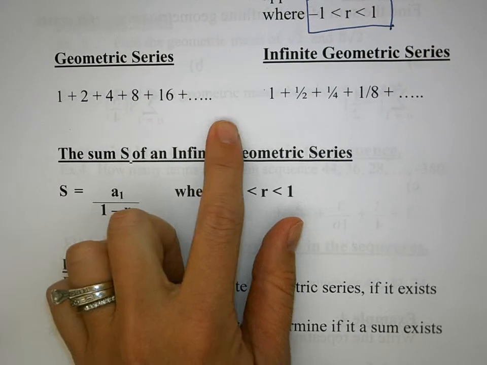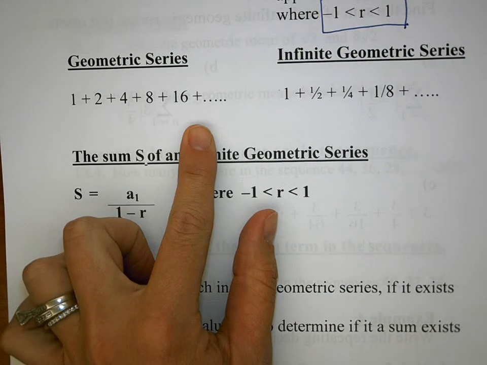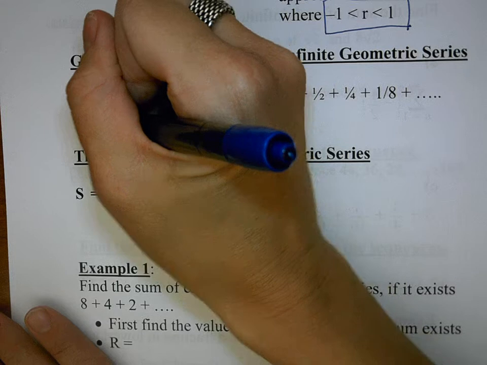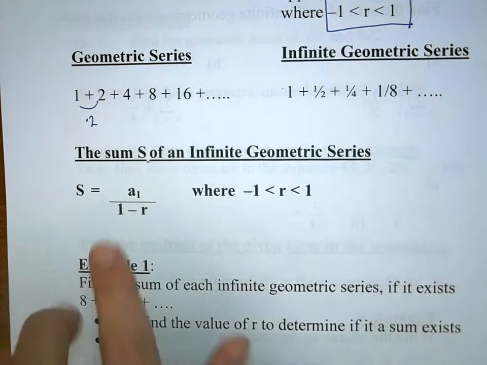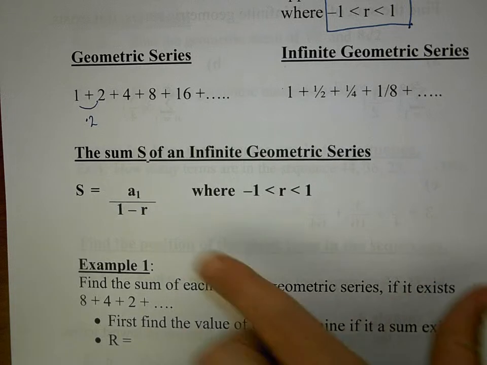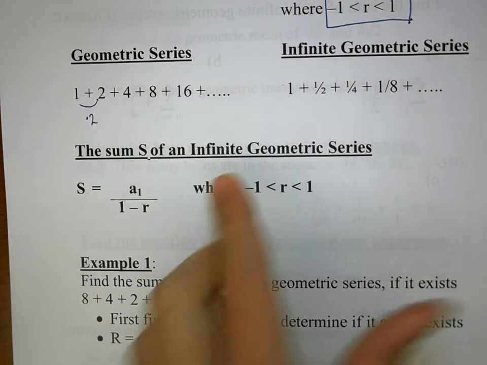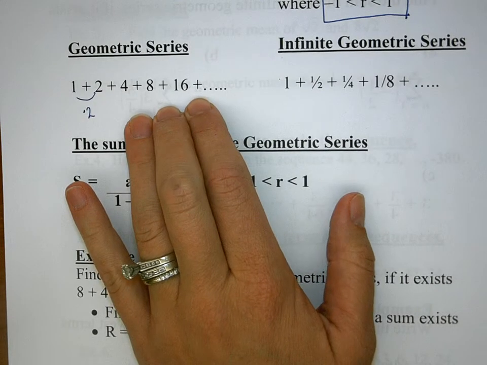So we have here our geometric series. What is the ratio on this one? 2. Okay, it's multiplying by 2, right? So this one I could not find the answer to. Do you see how it's going to keep getting bigger and bigger? So there is no way of finding the answer to this series.